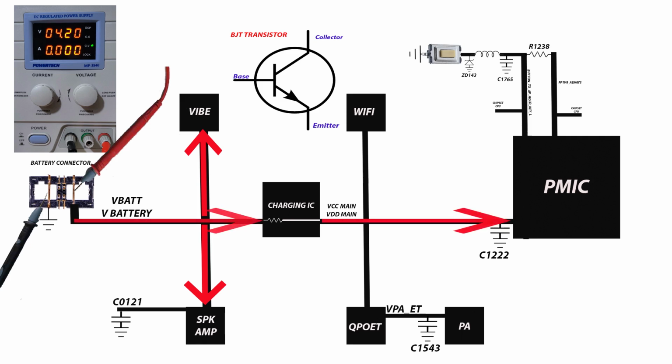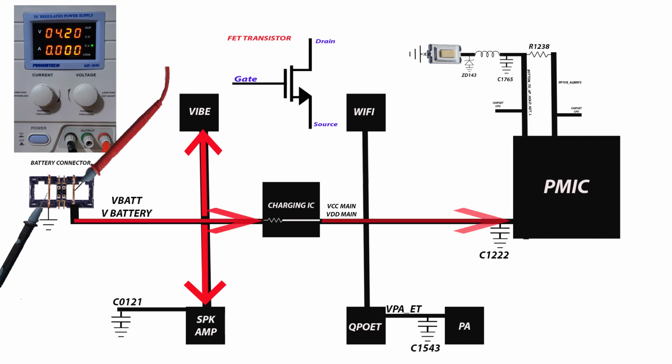And if you see VDD main on the output voltage of the charging IC, you can understand this motherboard works with FET transistors. A FET transistor also has 3 pins, but its names are different: gate, source, and drain.